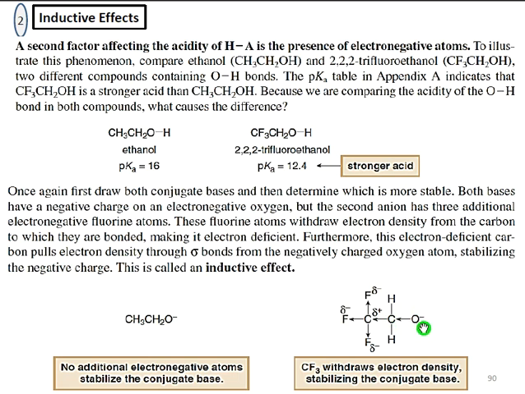That means here we have a small negative charge, but here we have a big negative charge. The inductive effect happens through the sigma bond. Again, it happens through the sigma bond. This is the inductive effect.